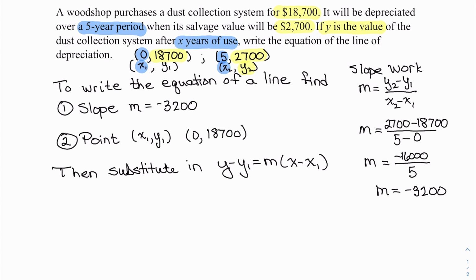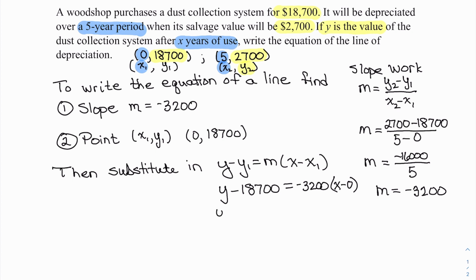Now we are going to run this through the point slope form, and then we'll talk about what situations you might be able to get to the final simplified equation quicker. So here we have y minus y sub 1, where y sub 1 is 18,700, equals the slope, negative 3,200, times x minus x sub 1, and x sub 1 is 0.